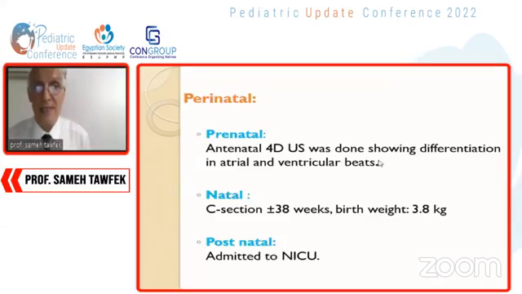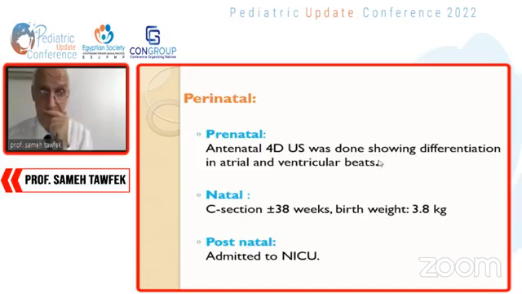Perinatally, an ultrasound was done, showing a difference between the atrial and ventricular beats. Atrial, I remember, was 150 and the ventricular one was 60 or 70, so there is a dissociation.